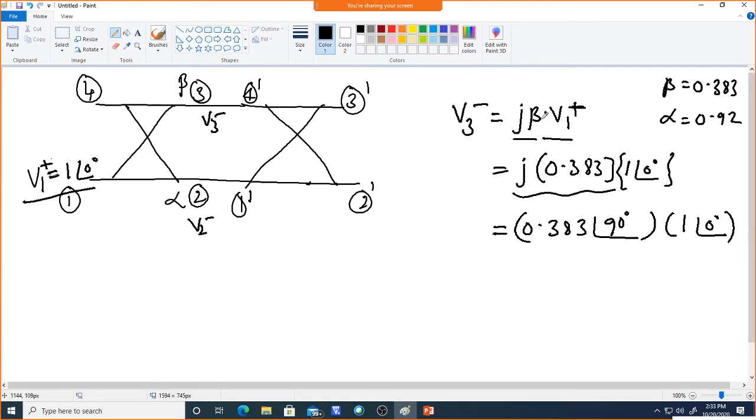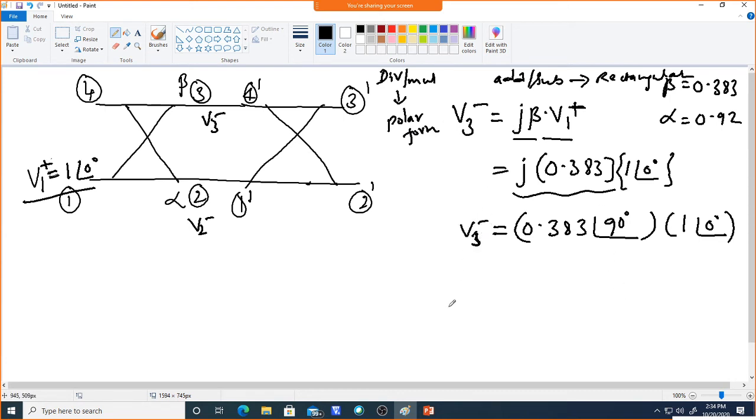If you want to add, you have to convert to rectangular form, then add, and then you can put the final answer in polar form. While adding or subtracting you have to use the rectangular form, and if you want division or multiplication you can use polar form. Now this is your V3 minus.